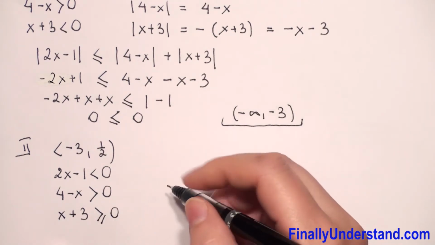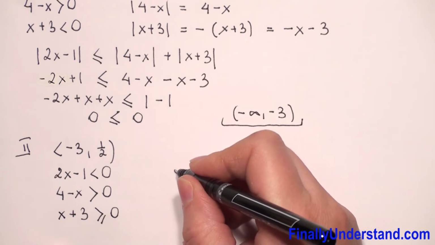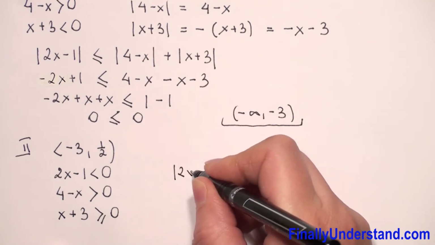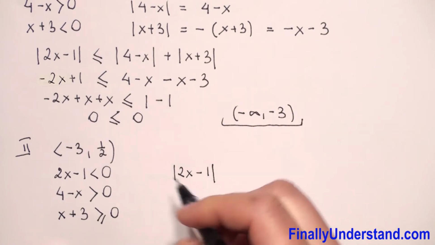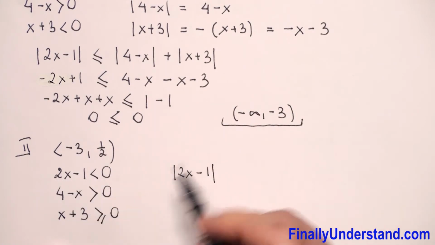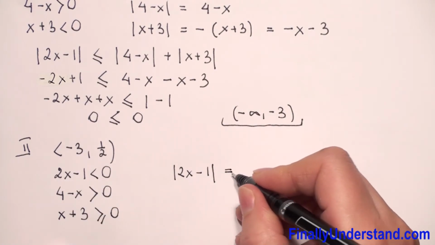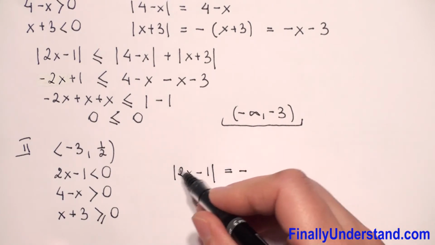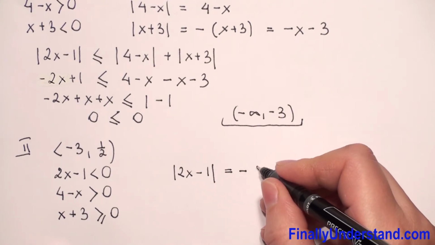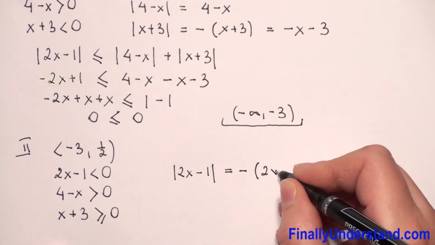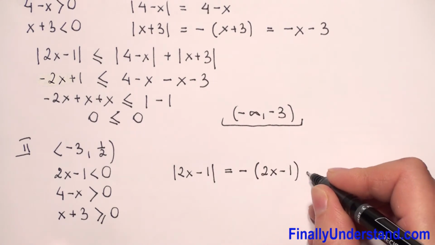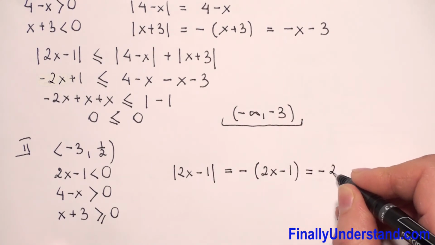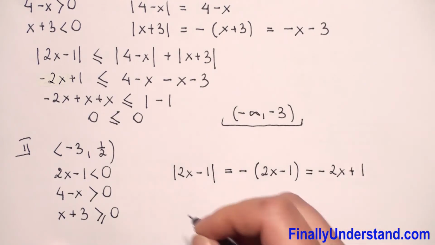So it means for our first absolute value of 2x minus 1, because it's a negative value, we have to put a negative sign before this whole expression in parentheses. So negative, 2x minus 1. This is equal to negative 2x plus 1.